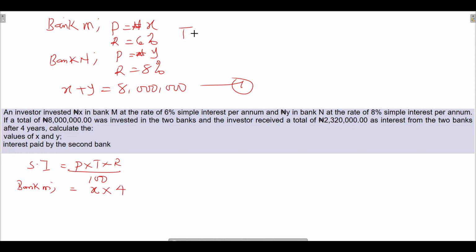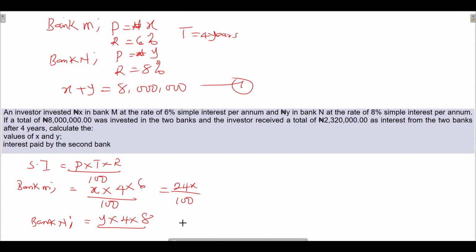Don't forget the time now is 4 years. Times the rate in bank M, that's 6 over 100. And that will be 24x over 100. Now in bank N, the principal there is Y times 4 times the rate there, 8 over 100. And that will be 32y over 100.